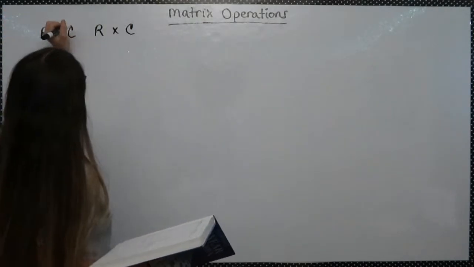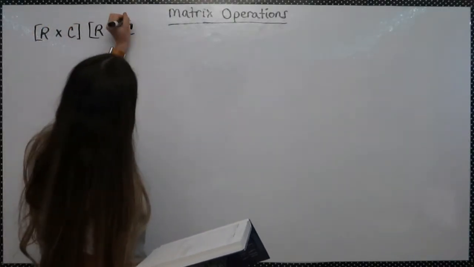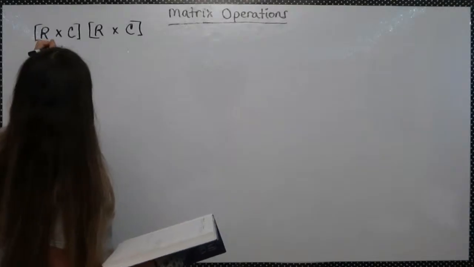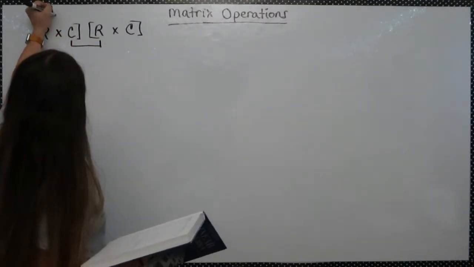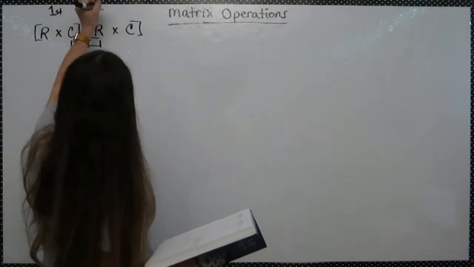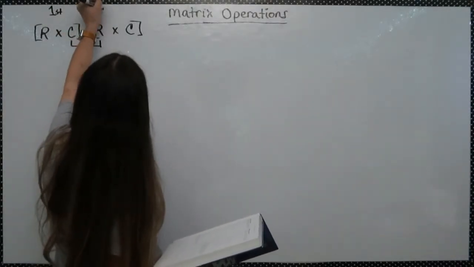So if we want to multiply these two matrices together, then we need to make sure that the columns on the first, and order matters, must match the rows on the second.